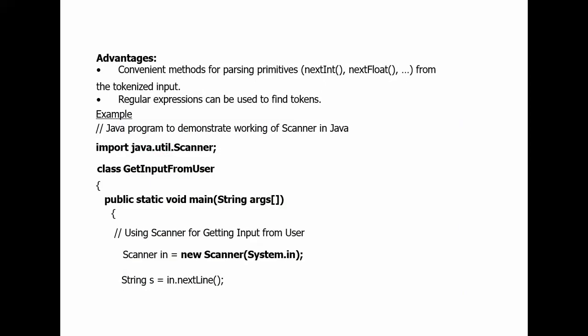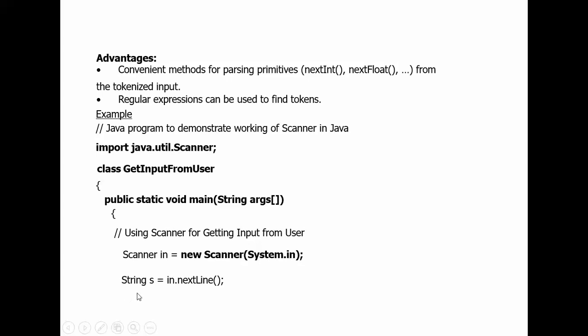Observe the difference between the syntax of BufferedReader and Scanner. Here I am creating an object for the Scanner with new Scanner(System.in). This in will be used to read the contents of the inputs.